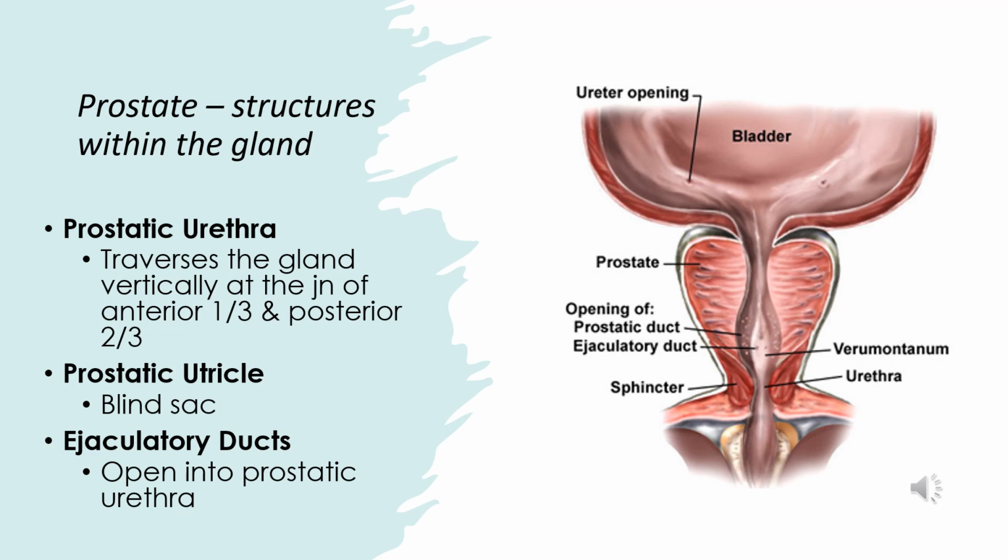And the third important structure which is present within the prostate gland are the ejaculatory ducts. The ejaculatory ducts traverse the gland posterolateral to the median lobe and open into the urethra. So, the three structures within the prostate are the prostatic urethra, the prostatic utricle, and the ejaculatory ducts.